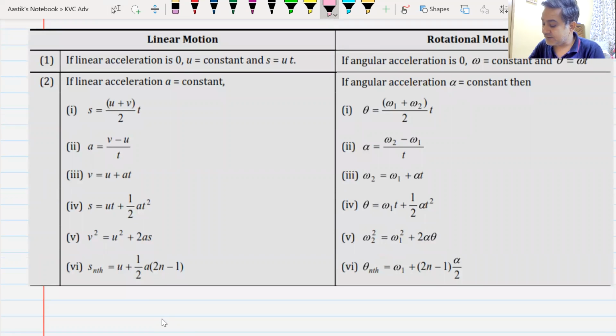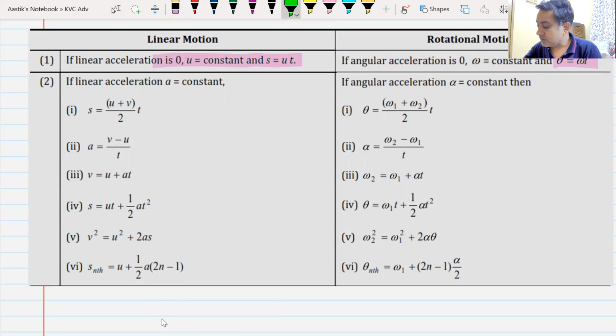If your linear acceleration is 0, your initial velocity remains constant. Your displacement, they have written it as s, you can call it as delta ut. If angular acceleration is 0, omega is constant, theta is omega t. Do we understand this?